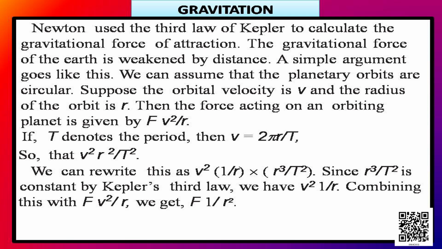We can rewrite this as v squared is directly proportional to 1 by r into r cubed by T squared. Since r cubed by T squared is constant by Kepler's third law, we have v squared proportional to 1 by r. Combining this with F proportional to v squared by r, we get F proportional to 1 by r squared.